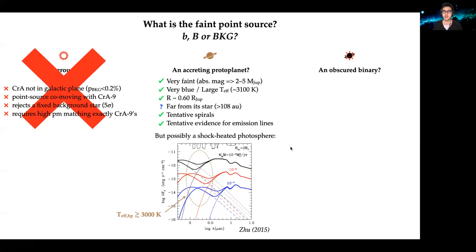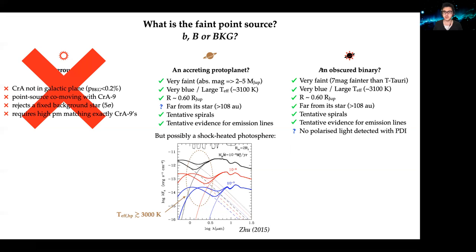In that case, it would also explain why the photometric radius we infer is only a small fraction of the radius of the planet, because it would just correspond to the part of the photosphere that is heated. Now, another possibility is that we're actually seeing an obscured binary. This would also be consistent with the fact that the point source is very faint, it has a large effective temperature consistent with an M-dwarf, and that we are inferring a small photometric radius, which would be consistent with the fact that most of the light from the binary will be blocked, for example, by an edge-on disk.